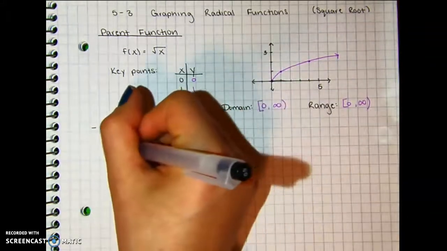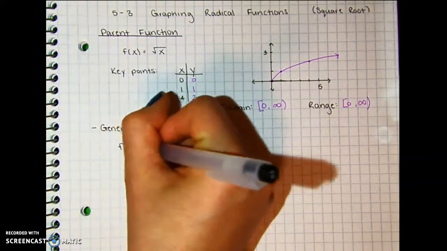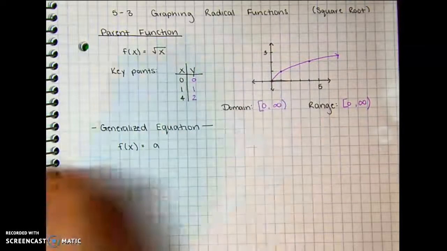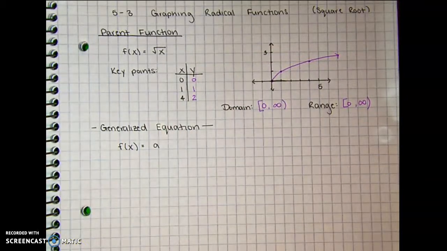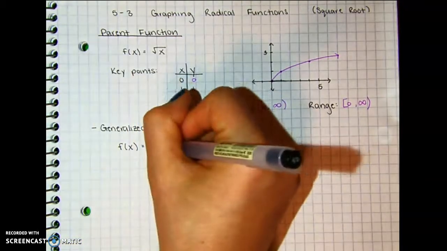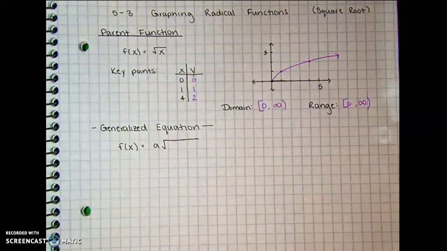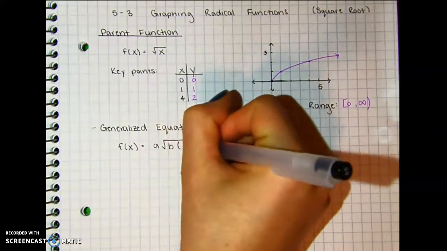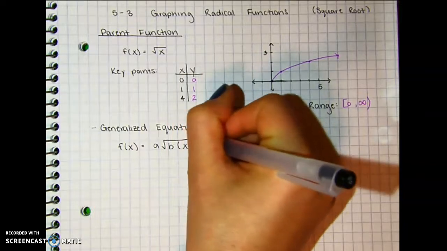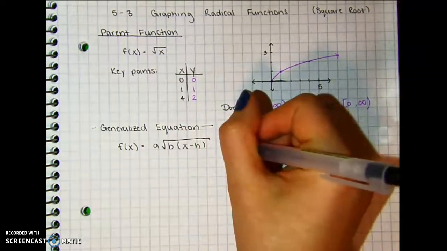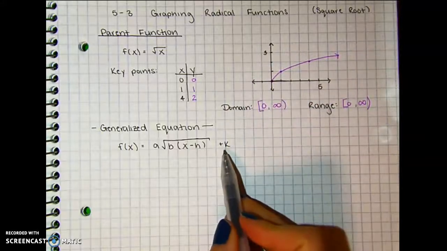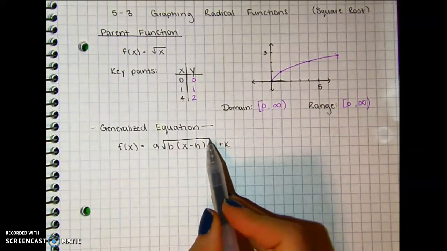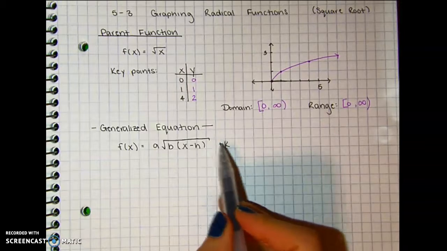It's still a function, f of x equals a times the square root of b in parentheses x minus h, and then on the outside plus k. Oftentimes this k is going to actually be moved to the front because we don't really like to put numbers outside of the radical.